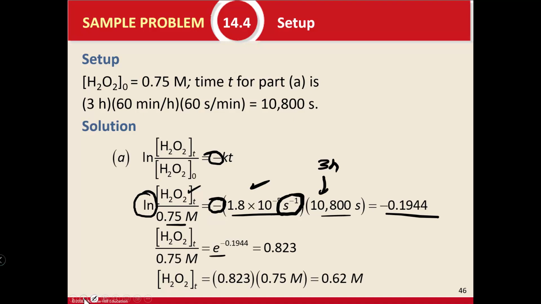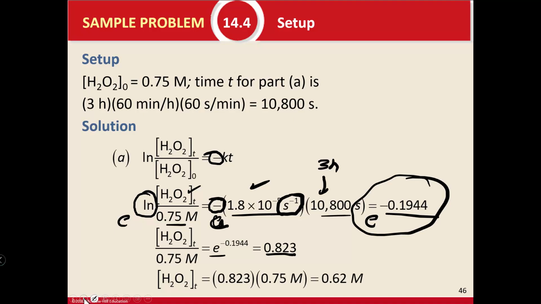And so we take the inverse natural log of both sides, so we get e raised to the ln of this, so that goes away, and we get the concentration of the hydrogen peroxide over the initial concentration equals e raised to the negative 0.1944, right here. When we do that, we get this number here.